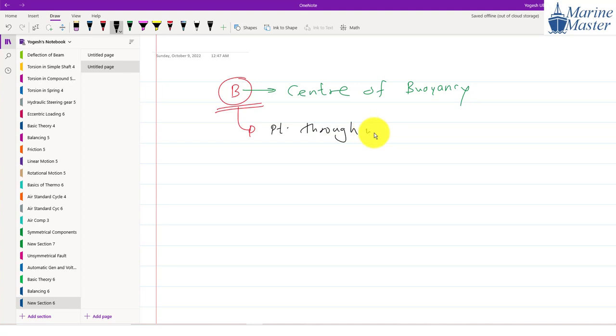It is the point through which buoyancy force acts upward. This is the meaning of that B we studied, guys. Then, this is another meaning of B.